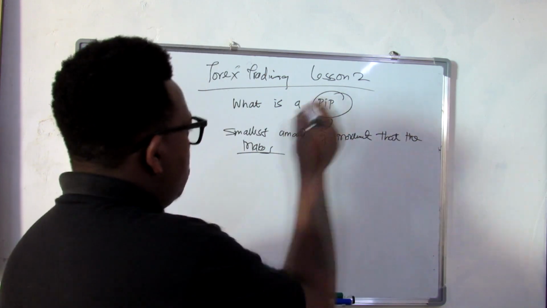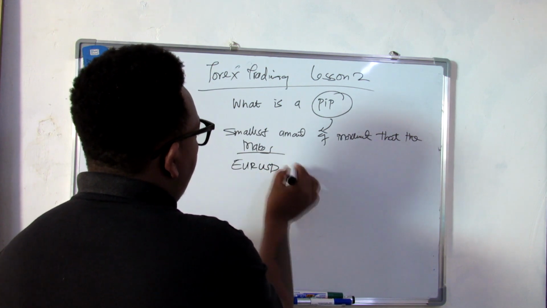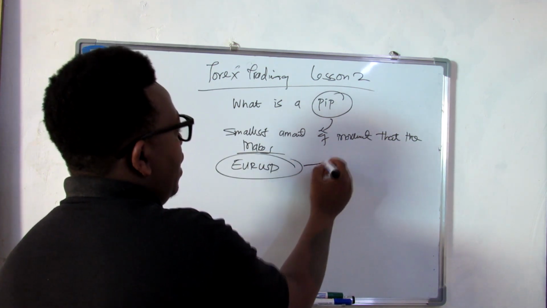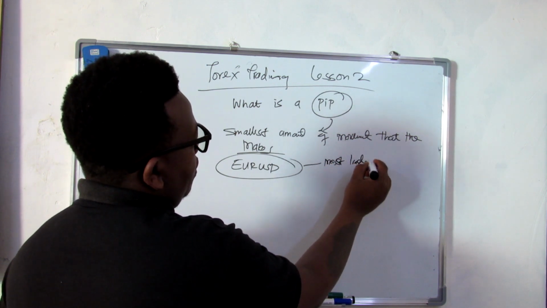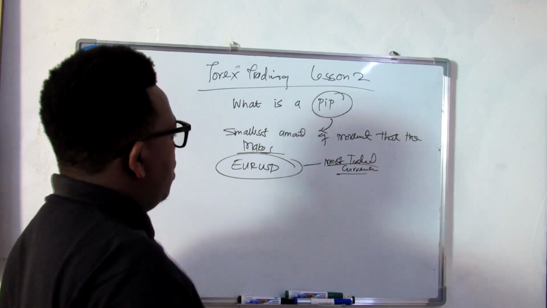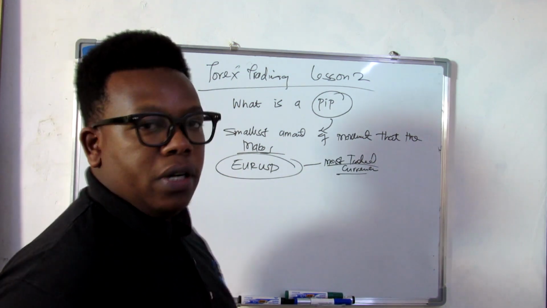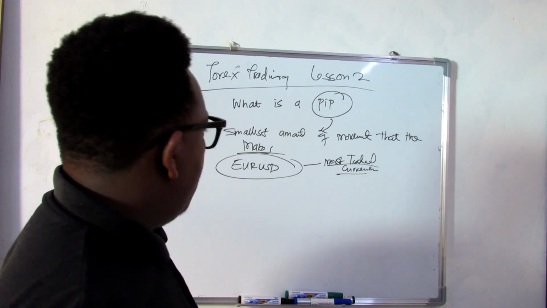And for this case, let's look into Euro USD, since it is the most popular, the most traded currency pair. So with this one, we'll be using it. You'll realize I'll be using it over and over for you in order to understand exactly what I'm talking about.